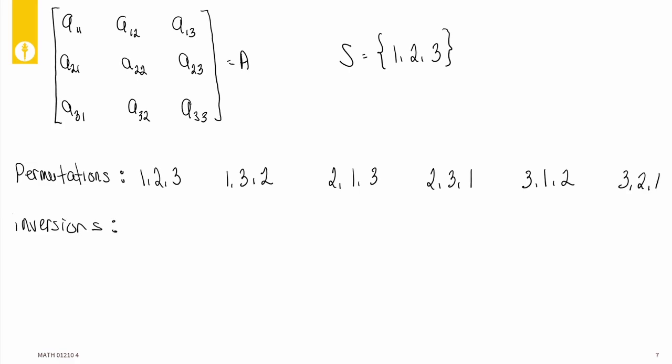First permutation, how many inversions are there? 0. Second, 1. Third, 1. Fourth, 2.